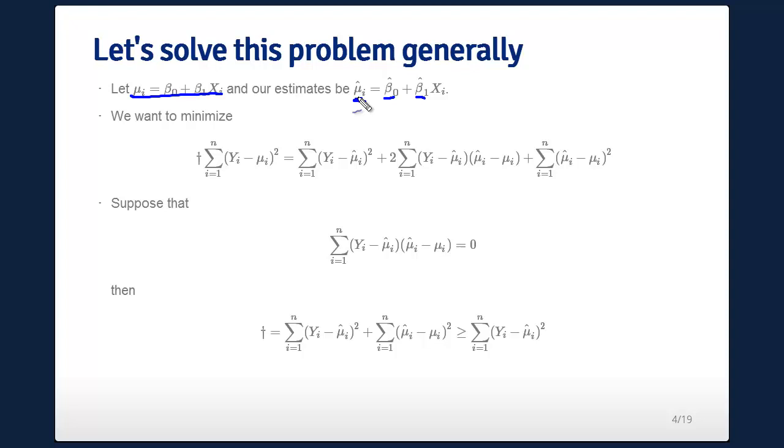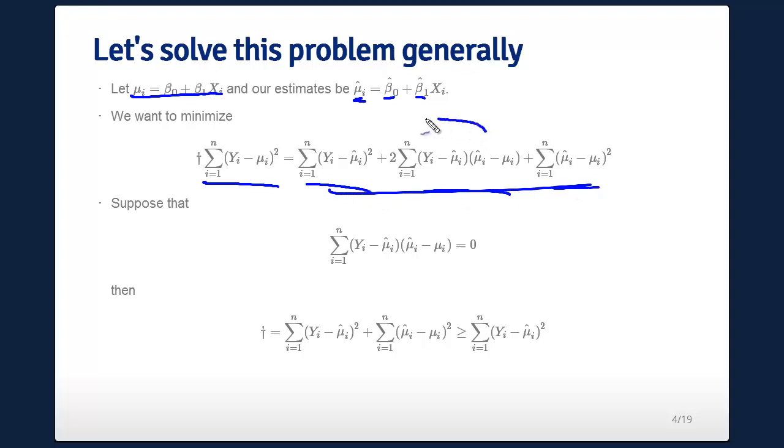We want to minimize the sum of yi minus mu i, squared. Why don't we add and subtract, like we did with the mean when we didn't have a regression line and just wanted the mean, a mu i hat, and then expand that square, and we get this set of equations right here.